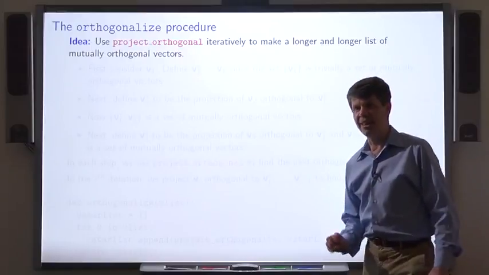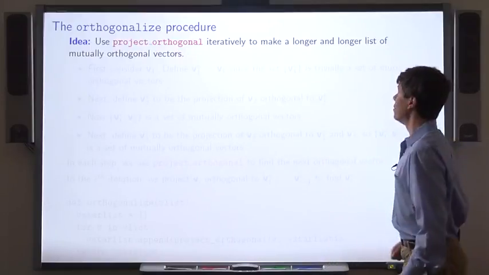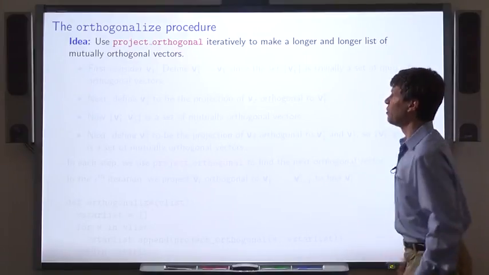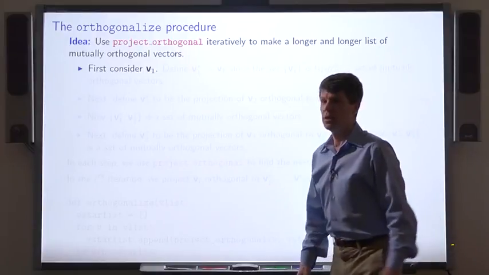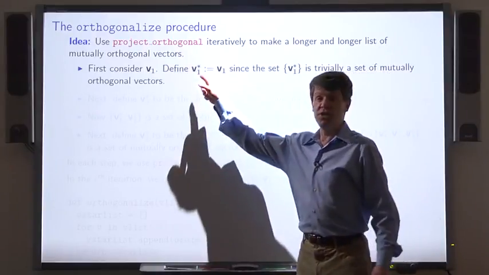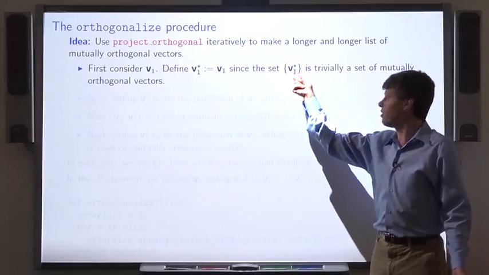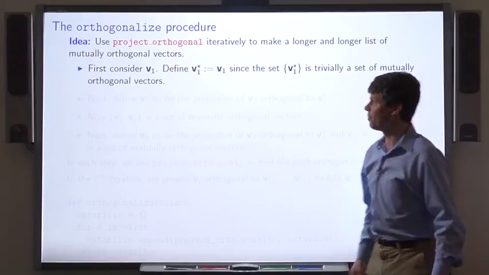Here's the key idea. We're going to use project_orthogonal in an iterative fashion to make a longer and longer list of mutually orthogonal vectors. So let's start with v1. We define v1* to be just v1, since the set consisting just of v1* is trivially mutually orthogonal.